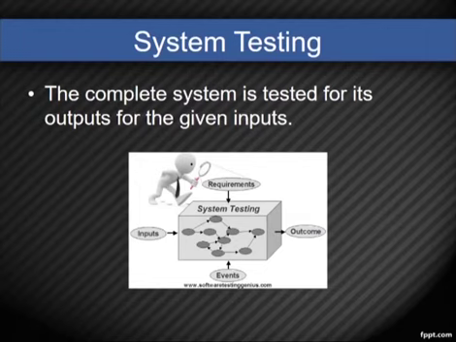After that, the whole system has to be tested with the inputs and the outputs. We can take these outputs and check whether they are correct or not. That is the system testing.